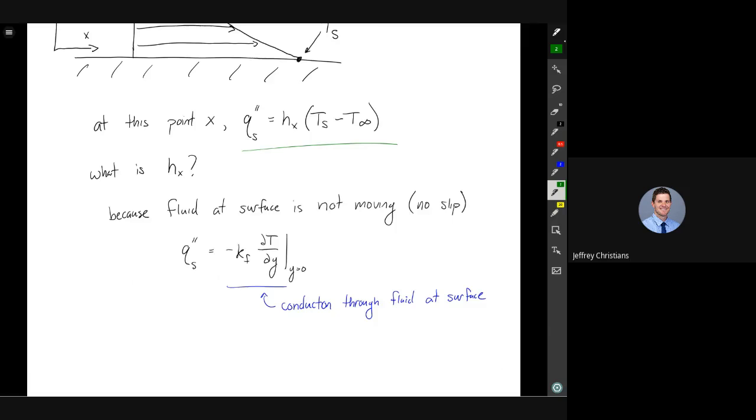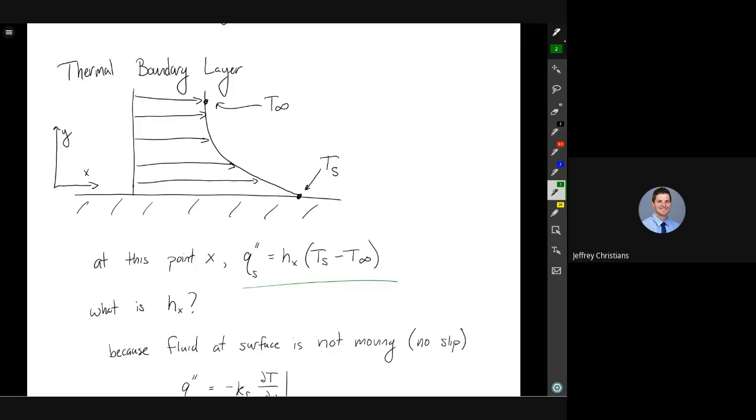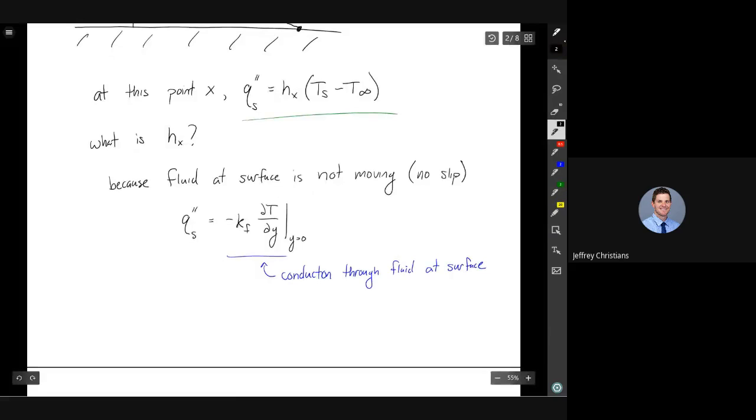The amount of heat that goes just in that first little bit eventually goes into the rest. So if we can figure out one, we can figure out the other. So these two equations have to be equal to each other.